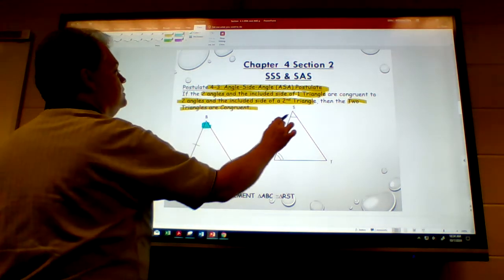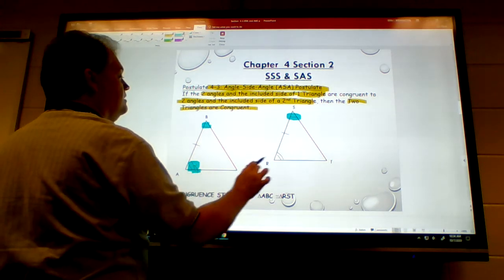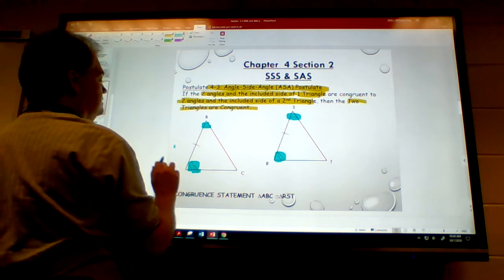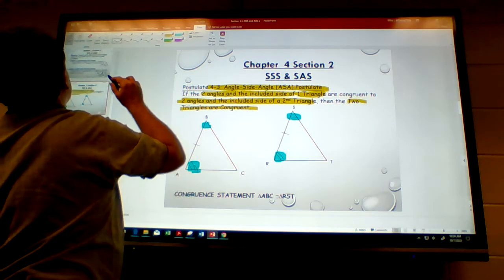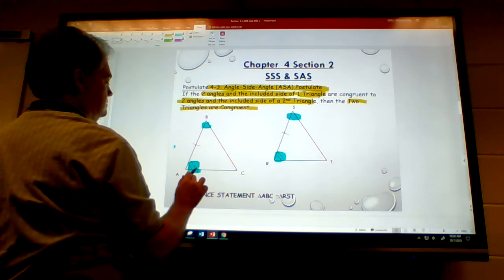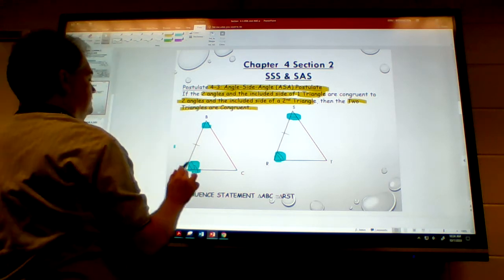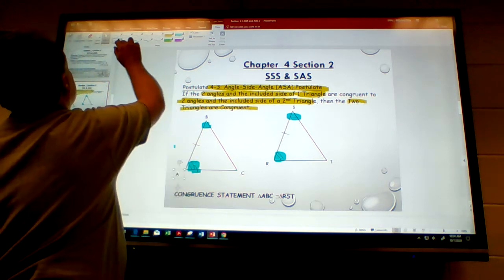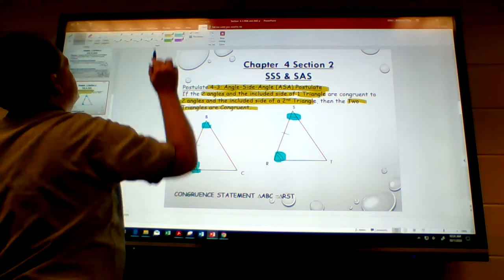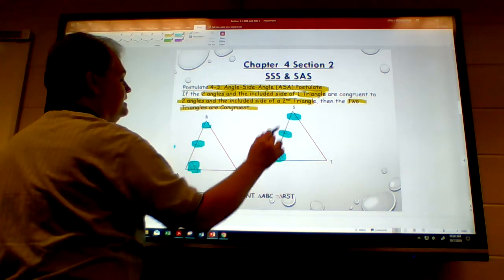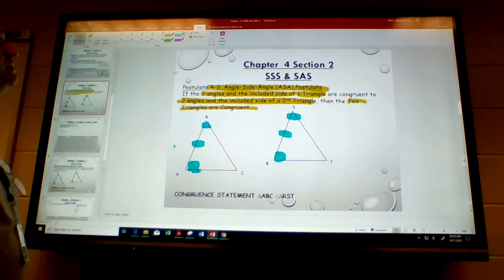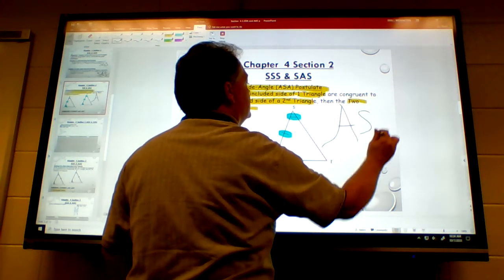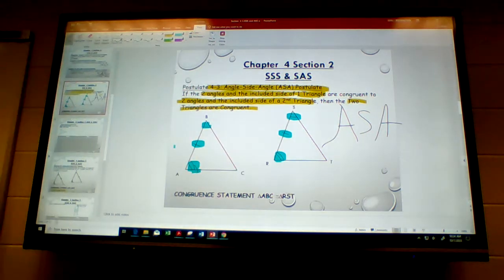We have 2 pairs of congruent angles, and actually that's not supposed to be there, so just pretend like that one doesn't exist. And the side that they share in common. Then you can prove triangle congruence, and that is by angle, side, angle. Angle, side, angle.